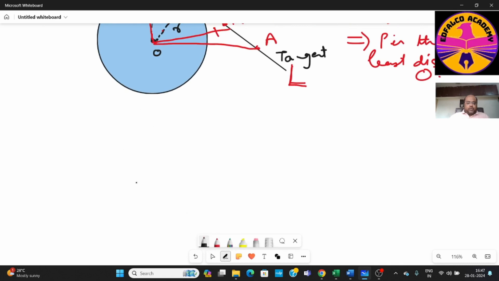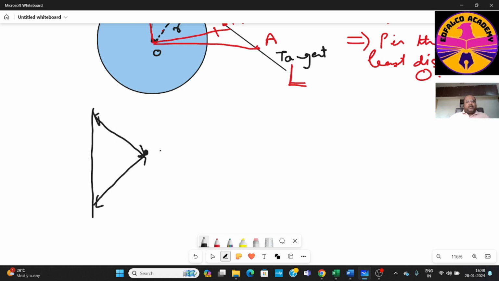Suppose you have a line and a point is given. What is the distance between these two? Is it this distance? Is it this distance? Or is it any other distance?